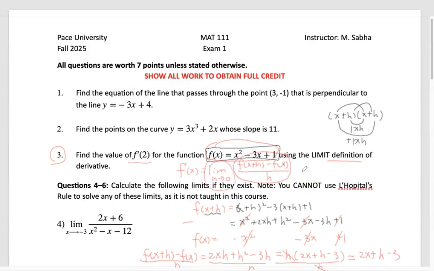So now this becomes the limit as h approaches 0 of 2x plus h minus 3. Well, we can plug in h to be 0. So that equals 2x minus 3. So this is the answer for number 3. Okay, that's that.